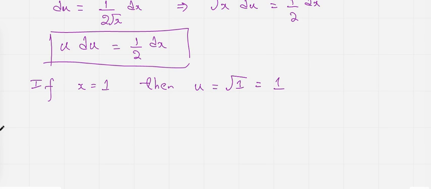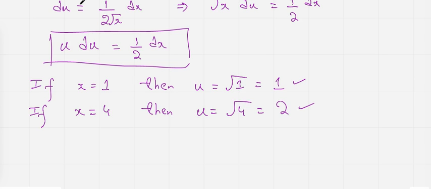Don't say that it is plus minus 1, so which one shall I take? It is positive, so just take it positive. And once your x is 4, then your u limit is going to be under root 4, that is positive 2. So these are going to be the new limits. That's what you're going to insert.